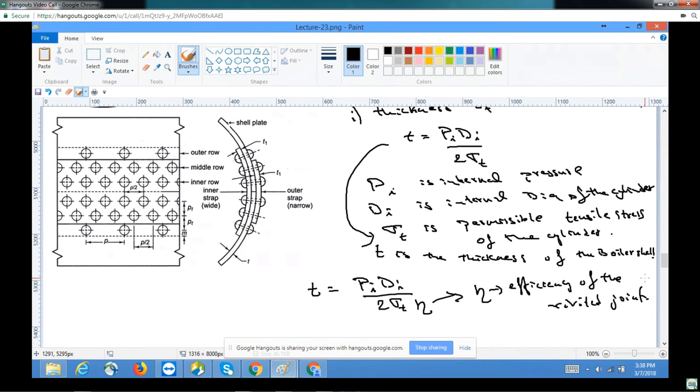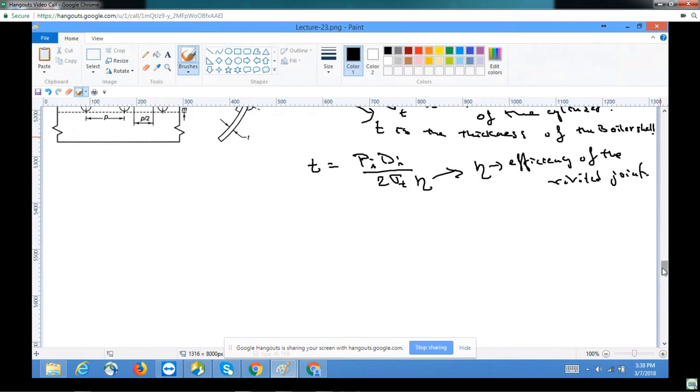Since these are exposed to a harsh environment, they are also subjected to corrosion.